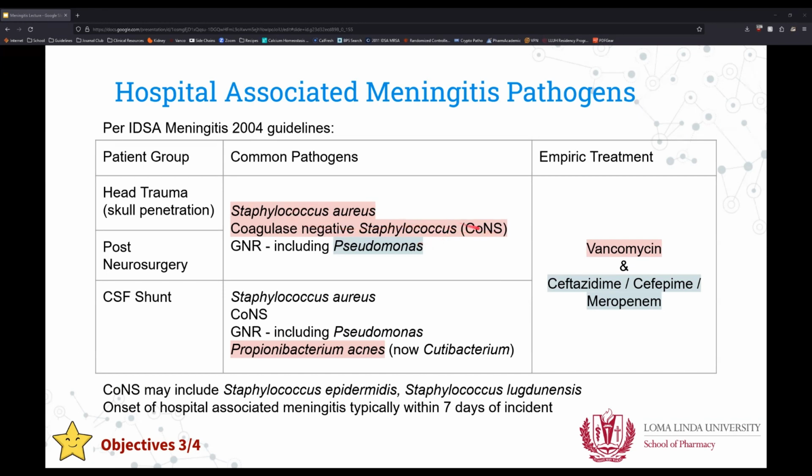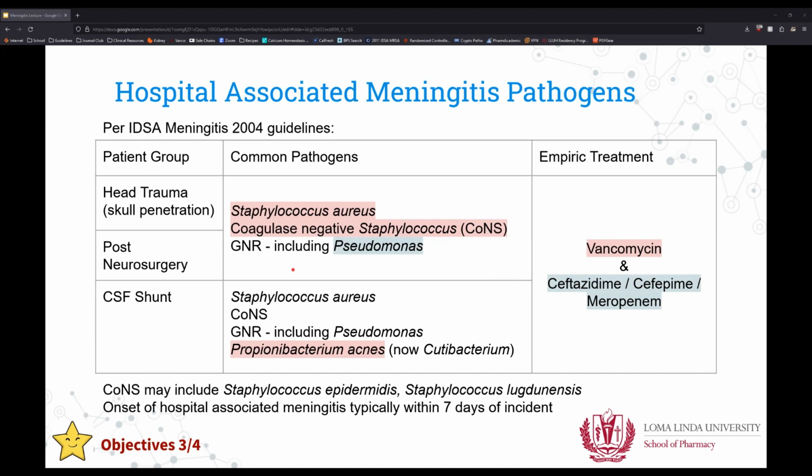So in this case, our vancomycin is going to be covering both the Staphylococcus aureus as well as the coagulase-negative Staphylococcus. And then our empiric treatment is also going to consist of ceftazidime, cefepime, or meropenem, all of which are covering Pseudomonas empirically as well. So we have that covered, as well as all the other gram-negative rods.